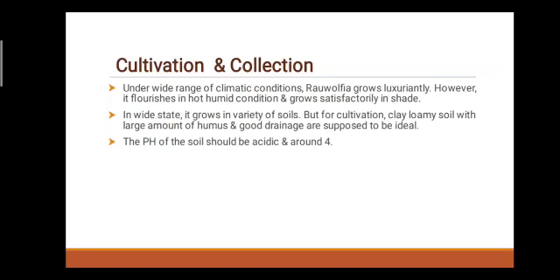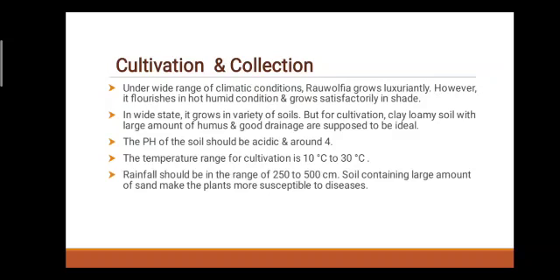The pH of the soil should be acidic and around 4. The temperature range for cultivation is 10 degrees Celsius to 30 degrees Celsius. Rainfall should be in the range of 250 to 500 centimeter. Soil containing a large amount of sand makes the plants more susceptible to diseases.